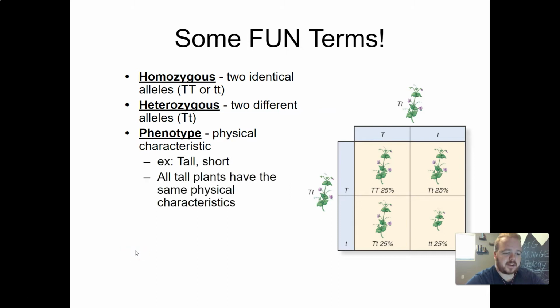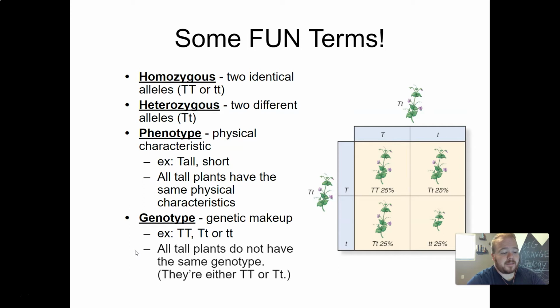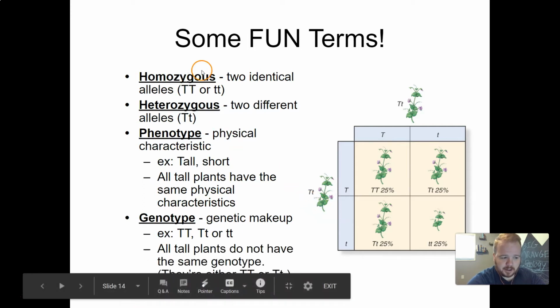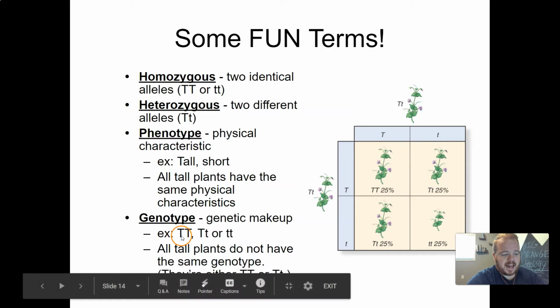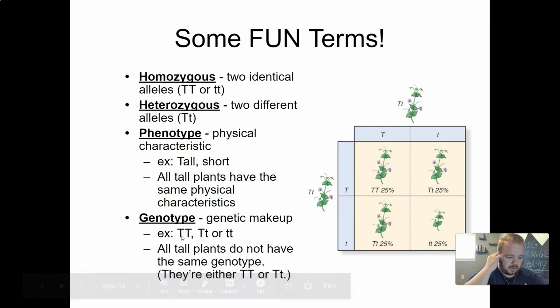All tall plants have the same physical characteristics, but when it comes to genotypes, this is the genetic makeup. It could be big T, little t, big T, little t, or little t, little t. All tall plants may not have the exact same genotype because if you have any of the dominant allele, which is the capital T, you will express the dominant allele's phenotype. That means genotype can have some carriers.